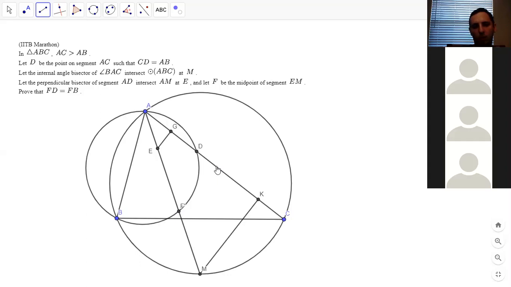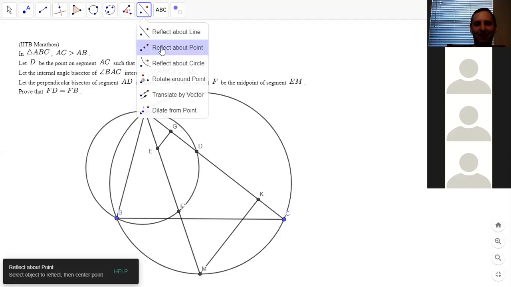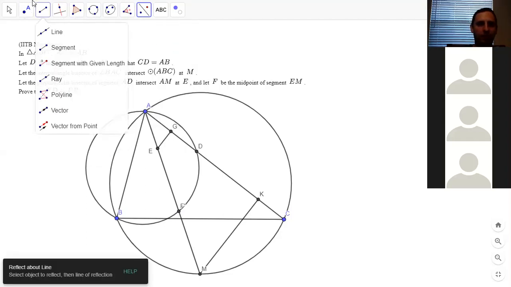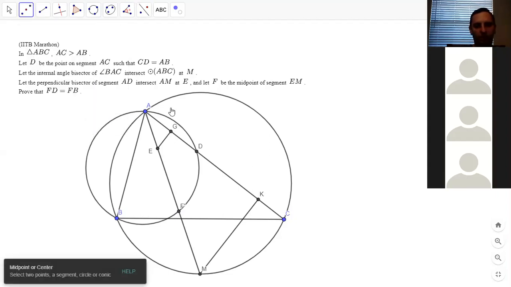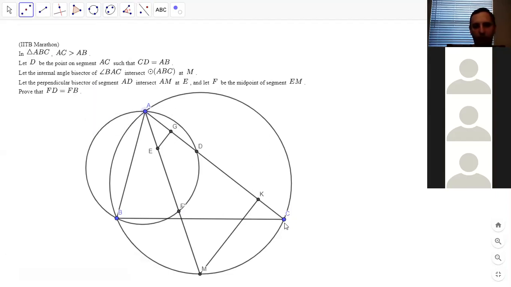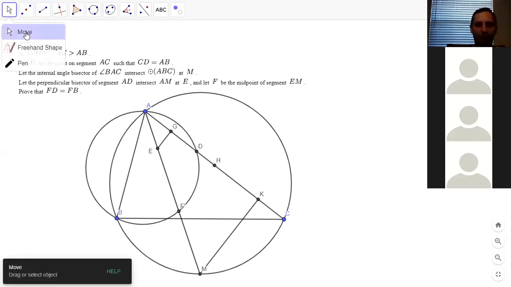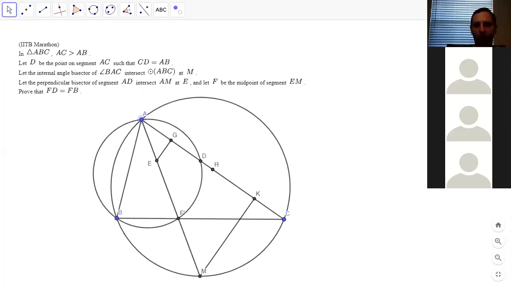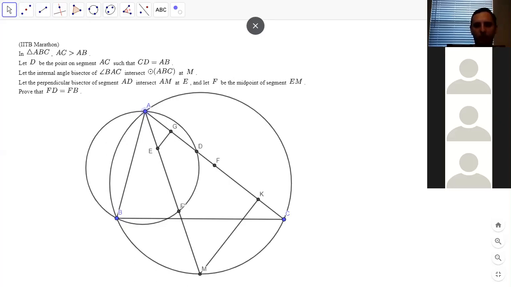Are KC and AG equal? I was wondering that. Let's see. So what I'm going to do to figure that out, looks like KC might equal AG. So I'm going to draw the midpoint of AC and the midpoint of KG. And yeah, it looks like they're the same point. So maybe I could just let L be the midpoint of AC.